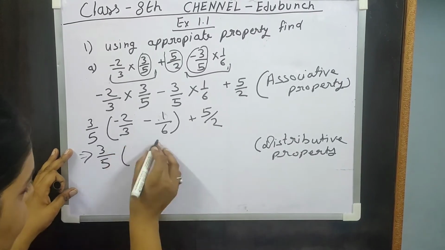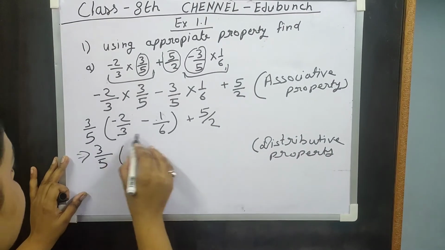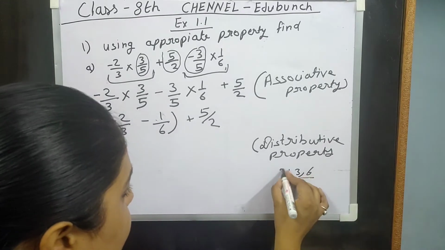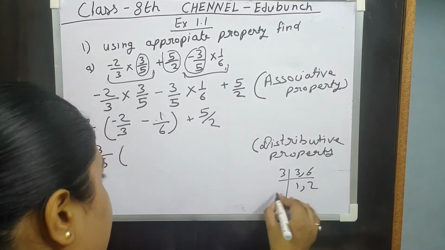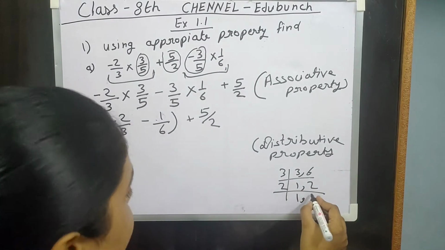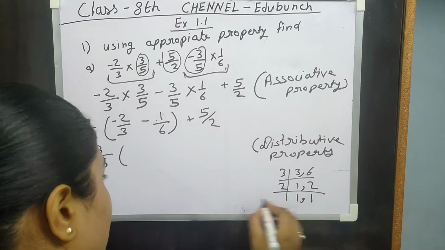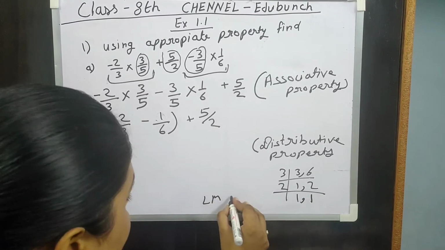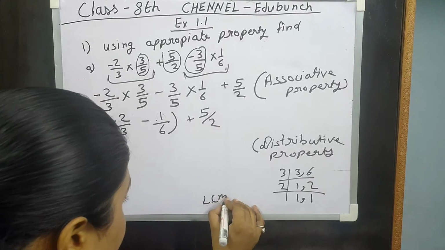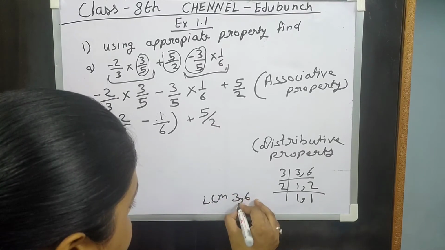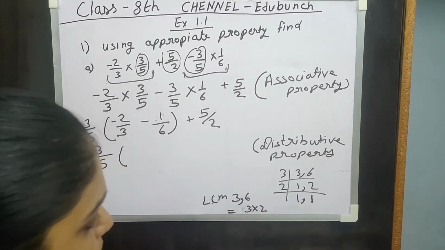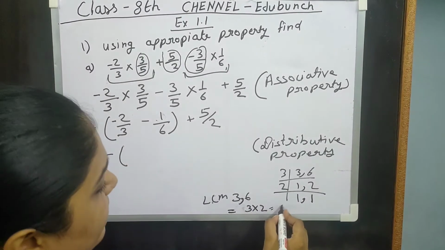Now here we have 3 and 6, so we will take the LCM of 3 and 6. 3 ones are 3, 3 twos are 6. Here the 2 ones we are writing as it is, and 2 ones are 2. So LCM of 3 and 6 is equal to 3 multiply 2, so we will get 6 as the LCM.